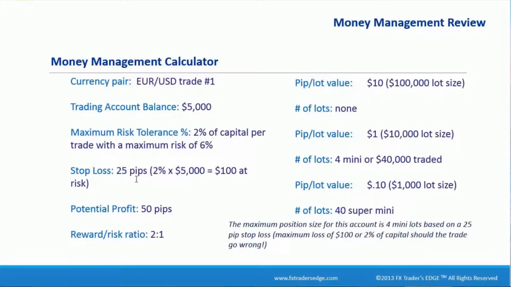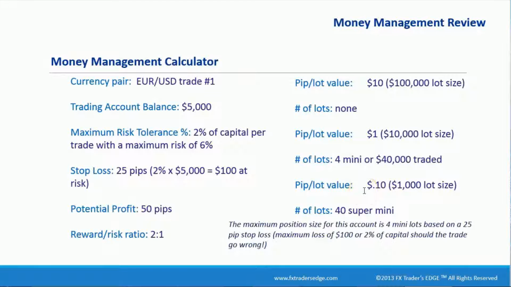By using a $1 per pip trade, a $10,000 lot size, we can figure out how many $10,000 lots we can take given our risk tolerance of 2% and the stop loss of 25 pips, which translates into $100 at risk. We figured out that we can take 4 mini lots or $40,000 traded.